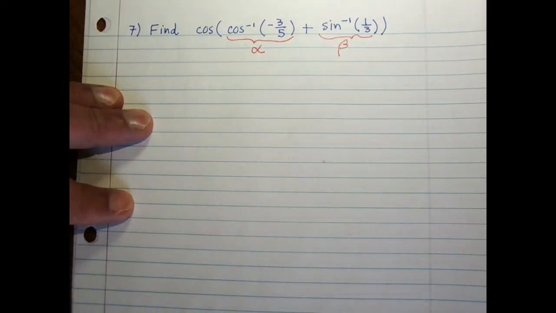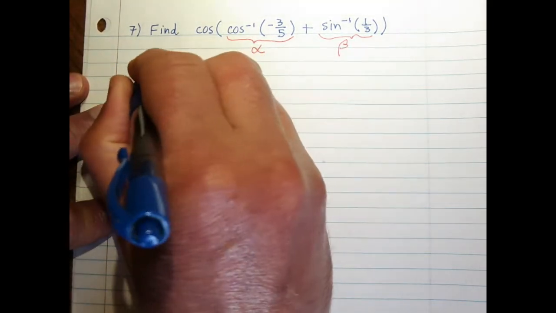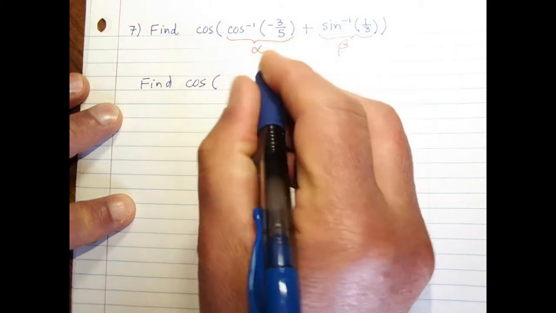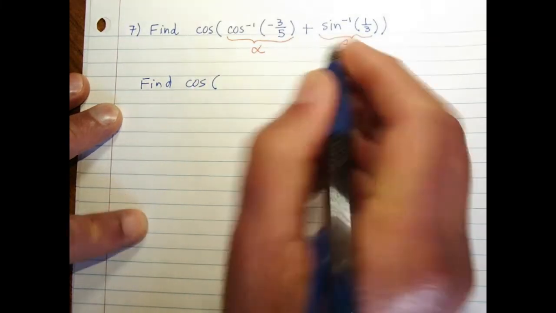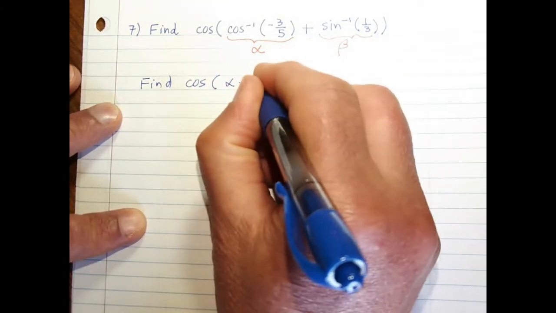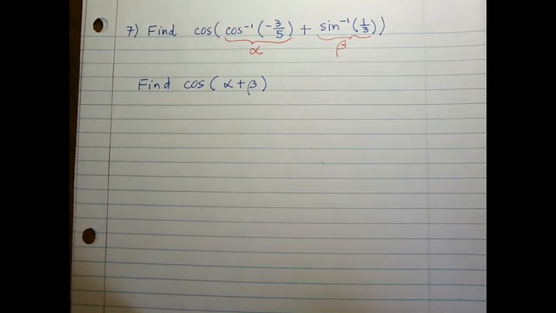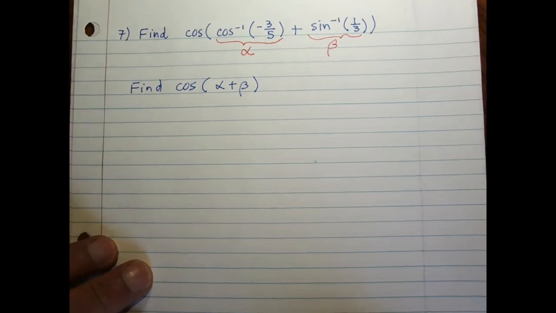So what we're actually trying to do here is find cosine of alpha plus beta. That's one way we can interpret that mess.